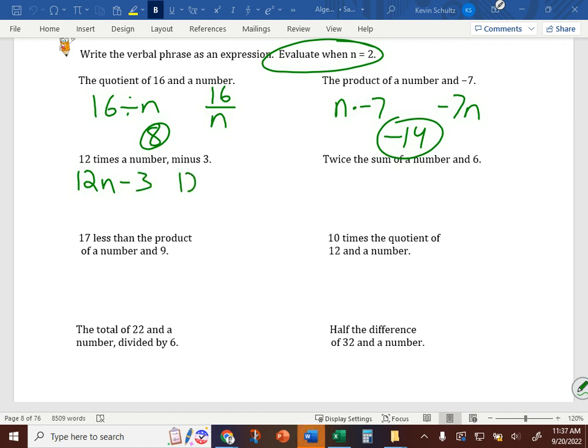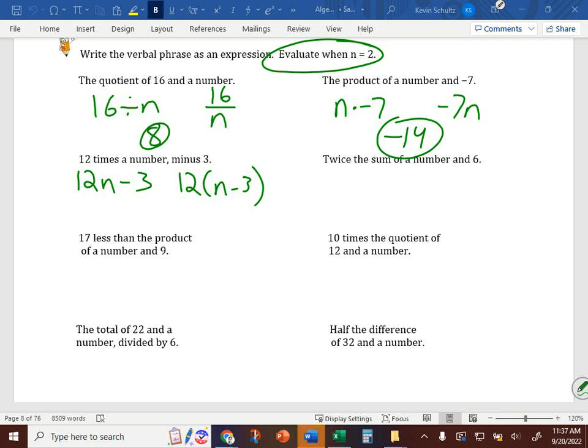Or is it saying you want 12 times whatever a number minus 3 is? Of course, those two things would be different. If you multiply 12 times 2 first and then subtract 3, that's going to be different than taking 2 minus 3 and then multiplying that by 12. Which one is this one saying?